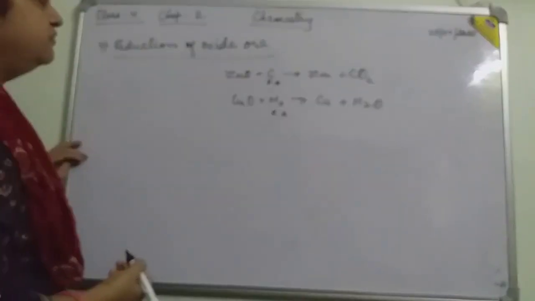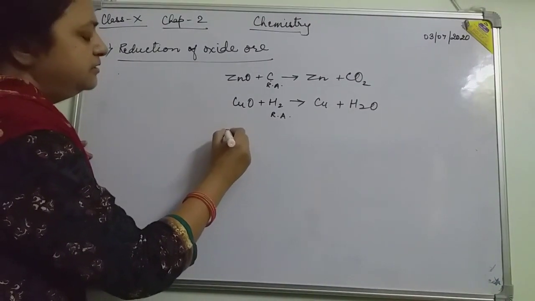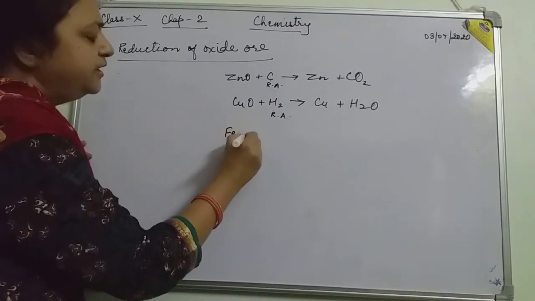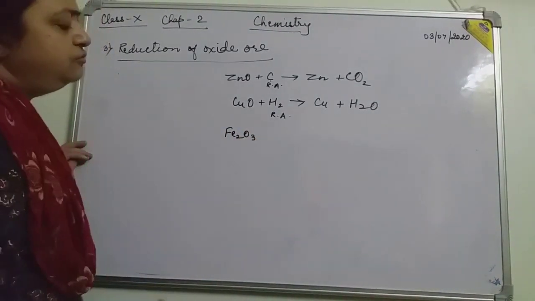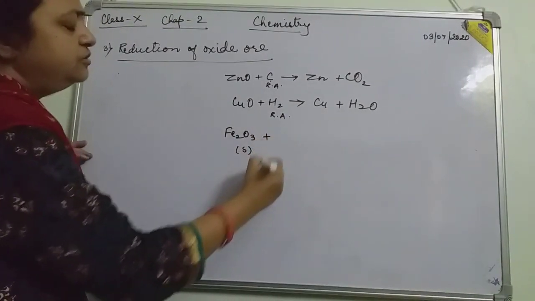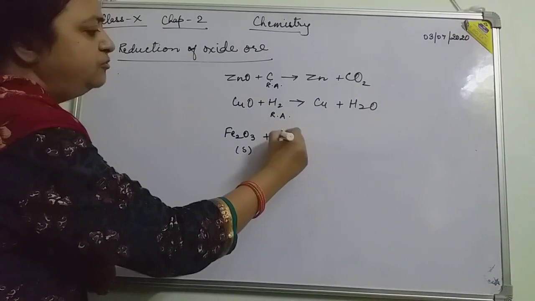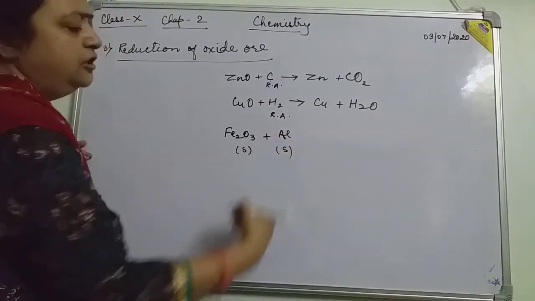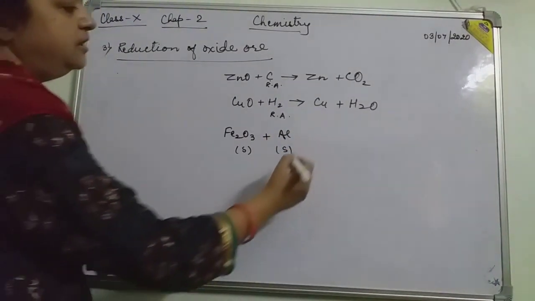In the process of reduction, we need to reduce ferric oxide, which is in solid form, with aluminium powder. Aluminium powder is also solid.